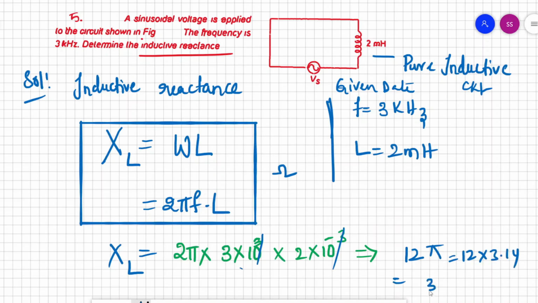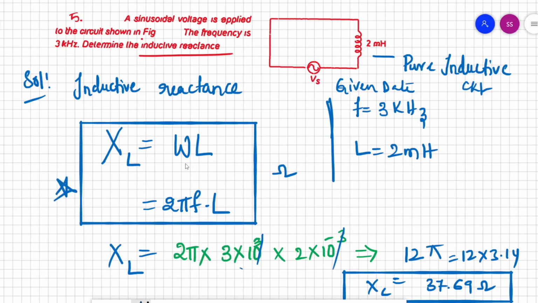So that will be 37.69 ohms. XL, the inductive reactance of the given inductor, is 37.69 ohms. So this is the inductive reactance formula: XL equal to omega L, where omega is nothing but 2 pi f. Now let us proceed to the next question.